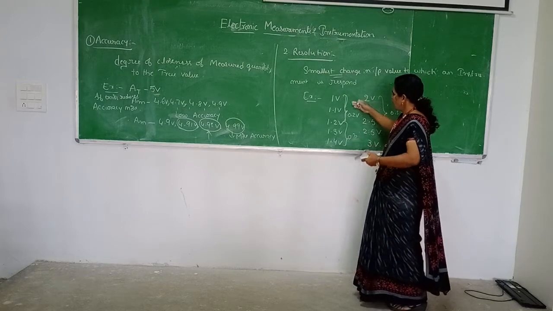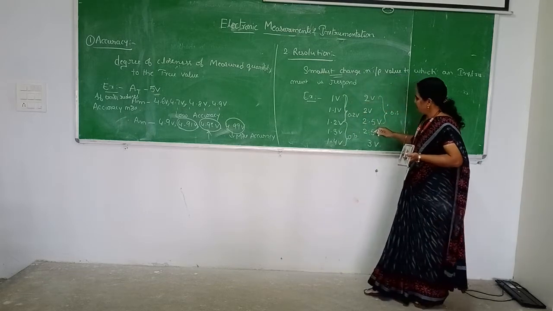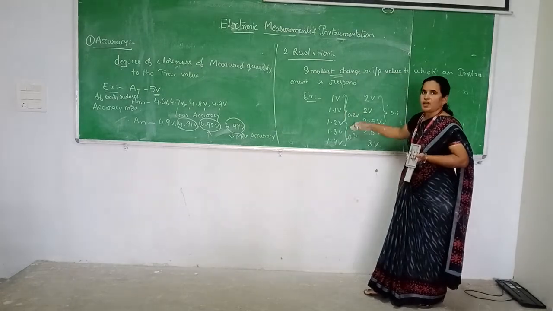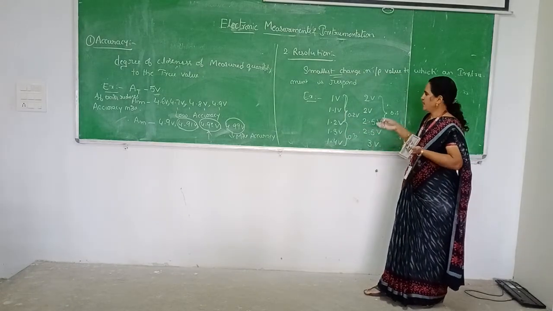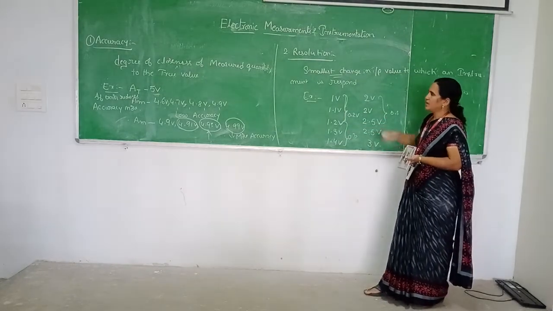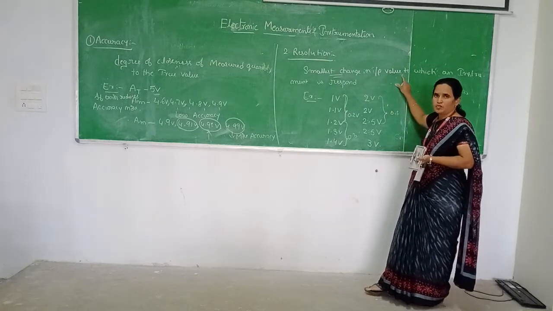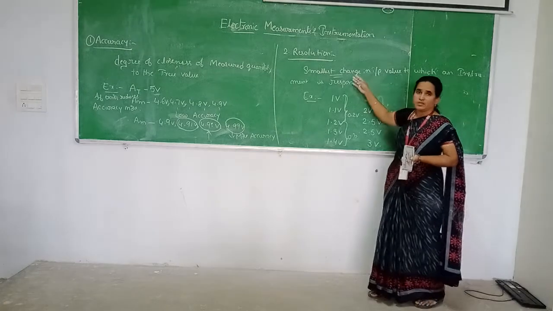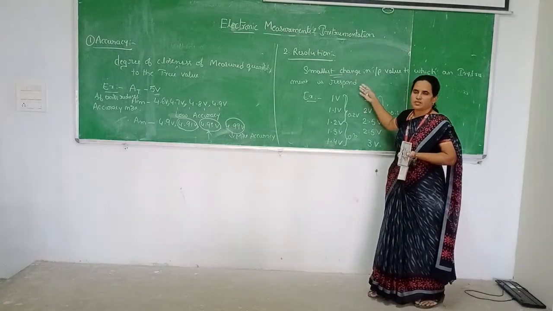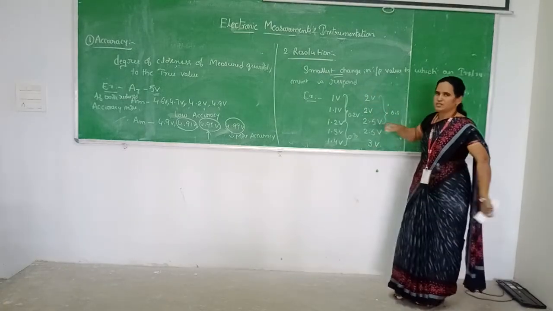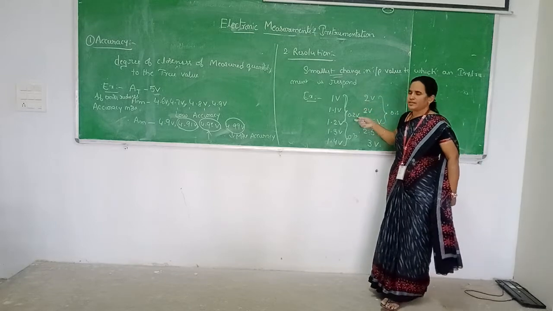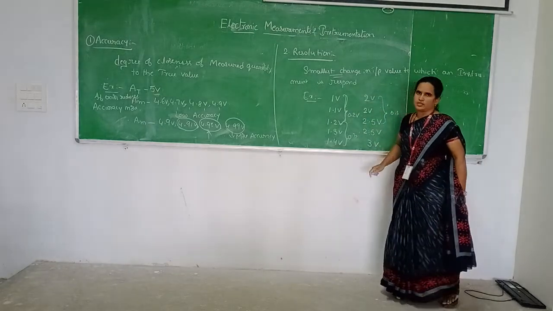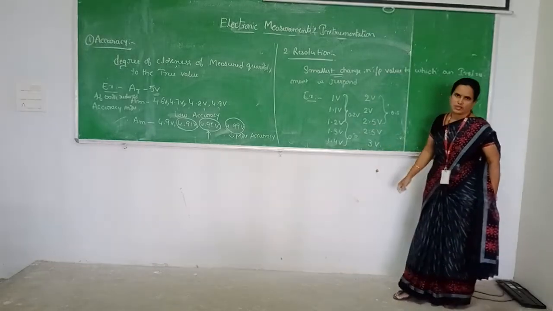The output will change when there is a change in the input signal. That's why it is called resolution. The smallest change in input value or measured value to which the instrument responds is called resolution. This is the example of resolution.